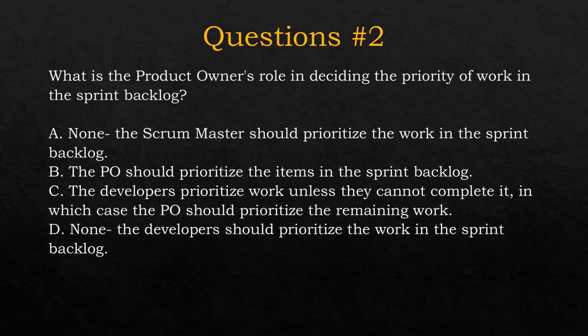A is not the right answer, as the Scrum Master's role is to implement the agile practices, resolve conflicts, or remove impediments within the project or the sprint. B is also not the right answer, because the PO should not prioritize the work in the sprint backlog. C is also not the right answer, because it again says the PO should prioritize the remaining work. So D is the right answer: only developers should prioritize the work in the sprint backlog.